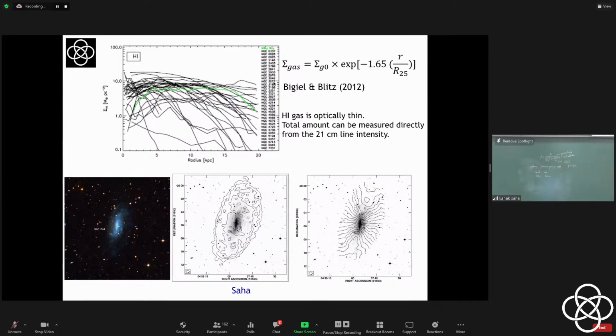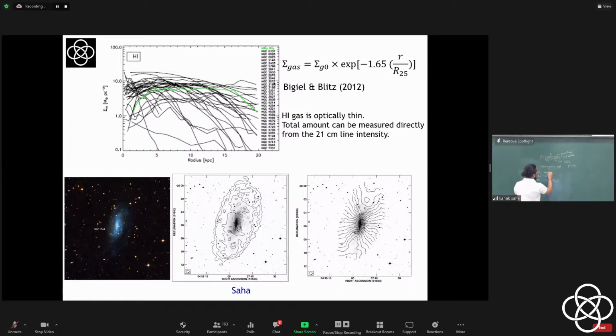So the gas surface density is also being modeled as some kind of exponential profile. But the catch is, in terms of minus R over R, this is the important part here, which is R25.